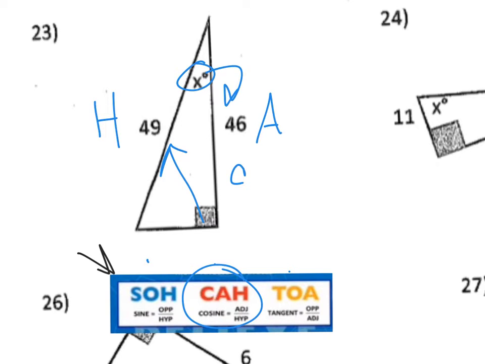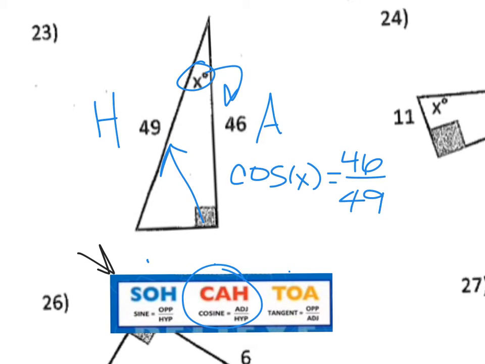So I know that the cosine, and that's what we're solving for, is A over H. So 46 divided by 49. And we're solving for a missing angle, so instead of hitting cosine, we're going to hit the blue second button and then the cosine. So we're actually using the inverse of the cosine.